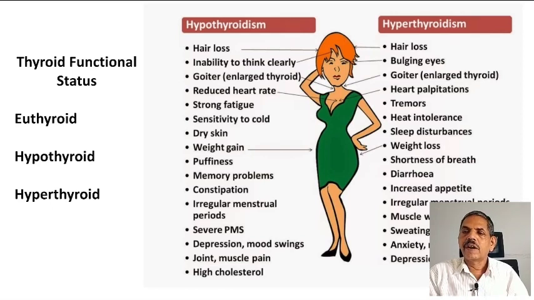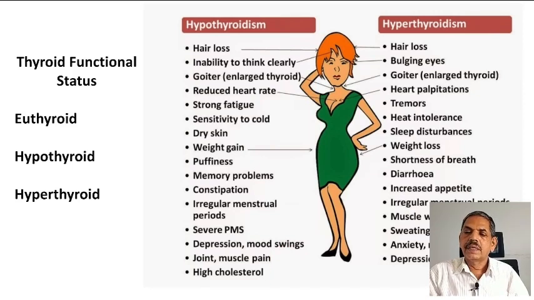Signs of hypothyroidism are hair loss, inability to think clearly, that is what is called fogging of mind, goiter, reduced heart rate, that is bradycardia, strong fatigue, sensitivity to cold, dry skin, weight gain, puffiness, memory problem, constipation, irregular menses, usually menorrhagia, severe premenstrual symptoms, depression, mood swing, joint and muscle pain, high cholesterol.